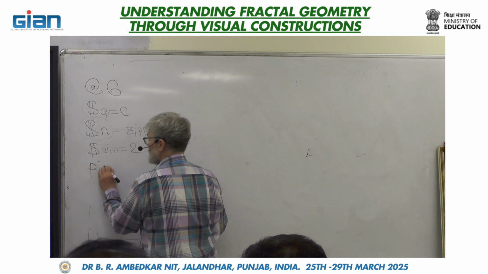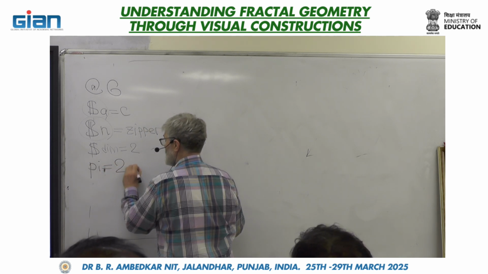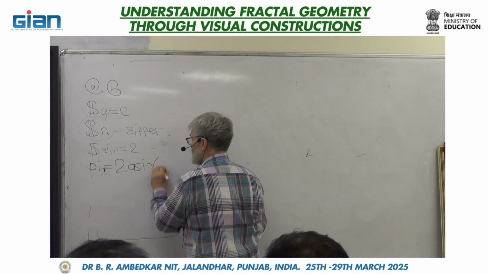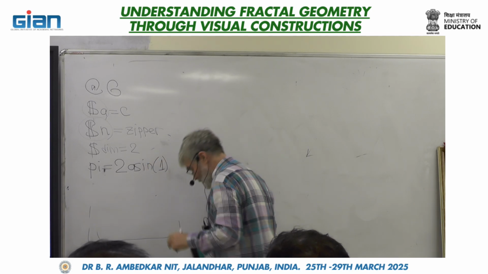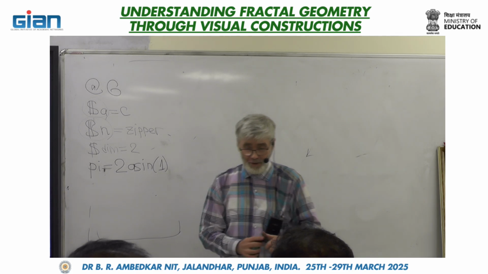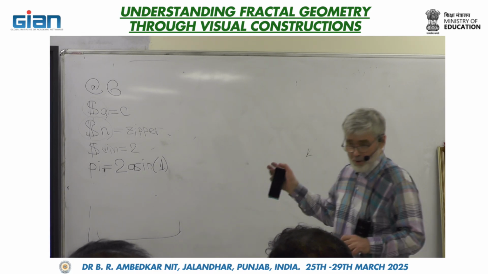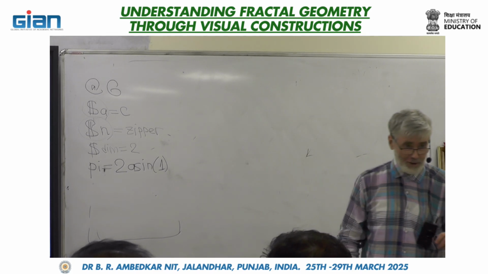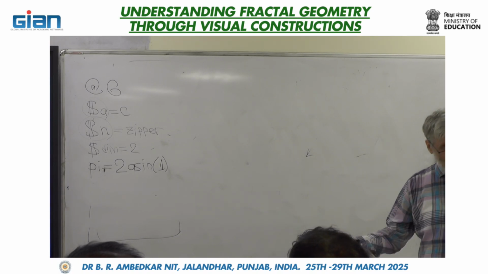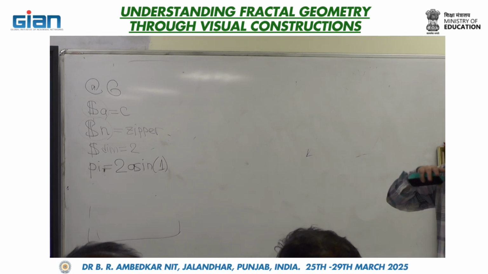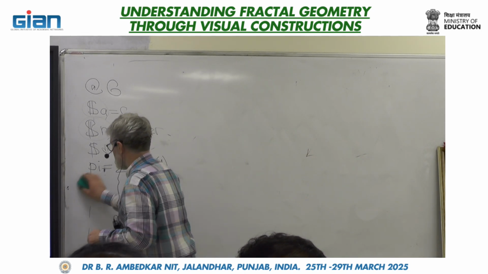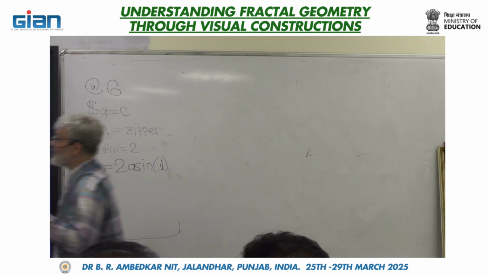Pi is 2 arcsine of 1. It looks strange, and we still do not ask the author why he does so, because he could just define pi.